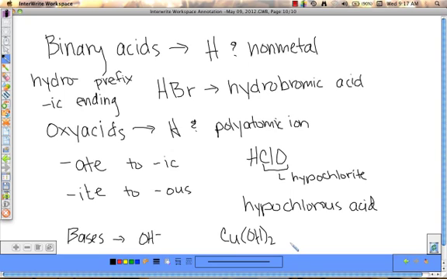Copper 1. Copper oxide would be CuO, there'd be no hydrogen. Copper 1 hydroxide, yes, to show that it's the +1, not +2 ion. You'd say copper 2 hydroxide and copper 1 hydroxide. Those are the names of them.